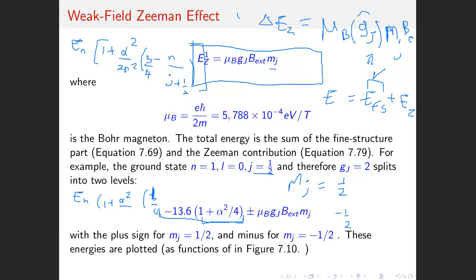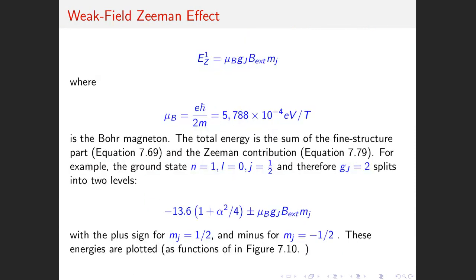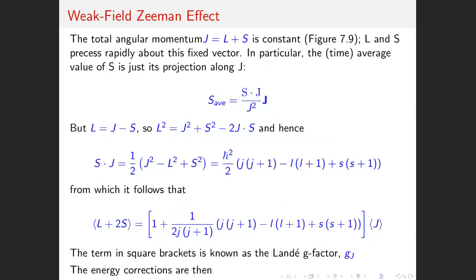So this energy is plus or minus. Right? And the g factor, let me just see, L is 0, J is a half. Okay, let's do this.